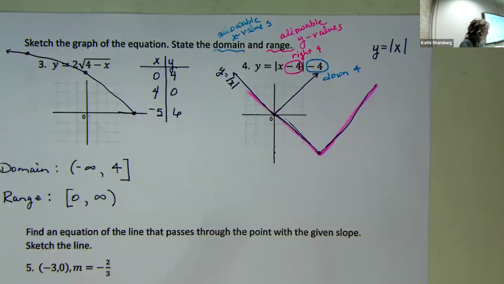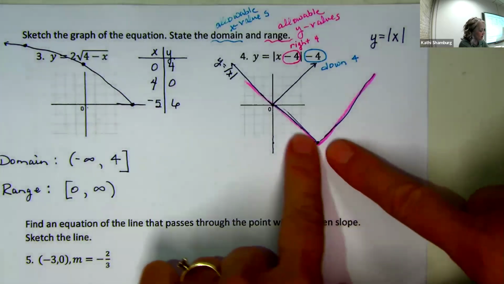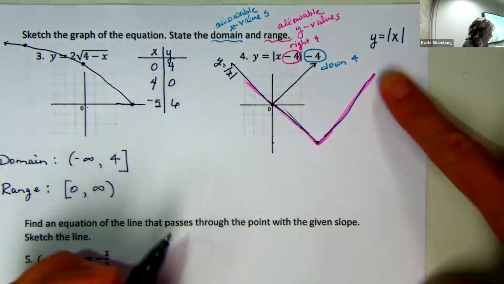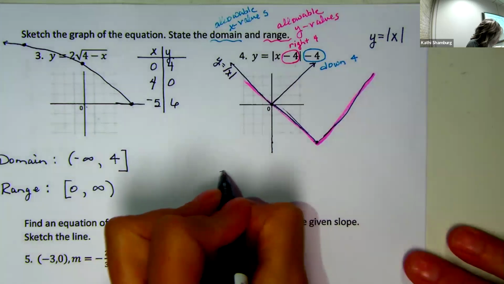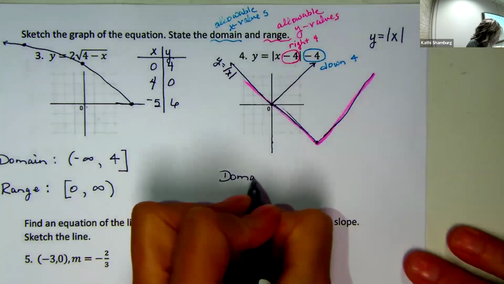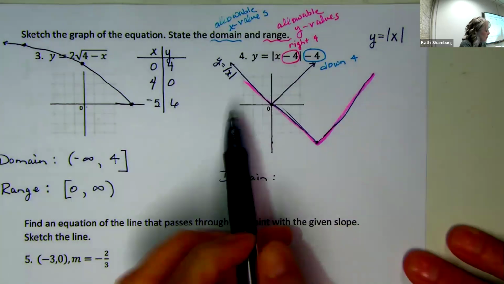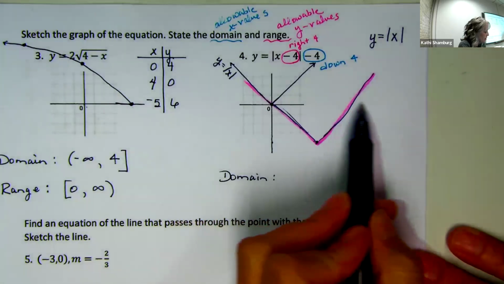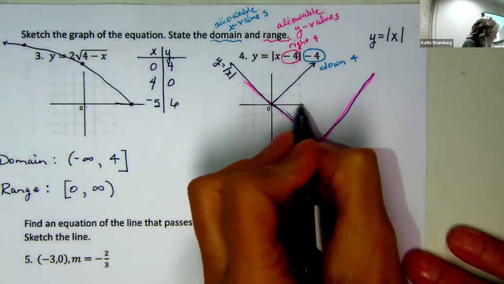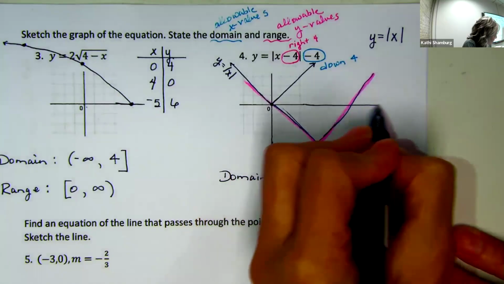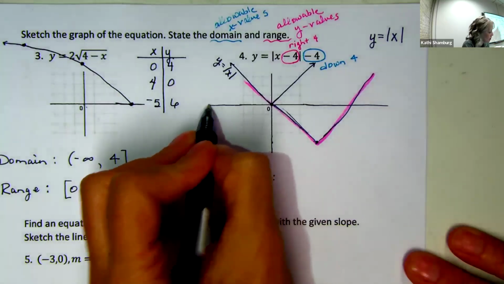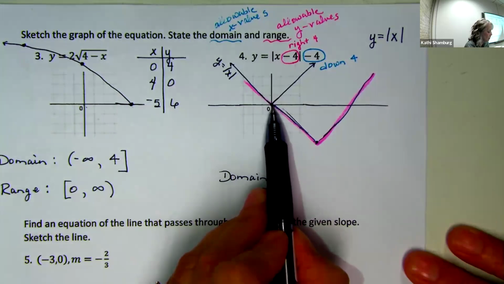Okay, and I almost forgot, we got it graphed. So we're looking at this graph, not the parent one. Let's talk domain, which is your allowable x values. So think of this x-axis. Are there any restrictions? If I'm at 0, I'm on the graph.